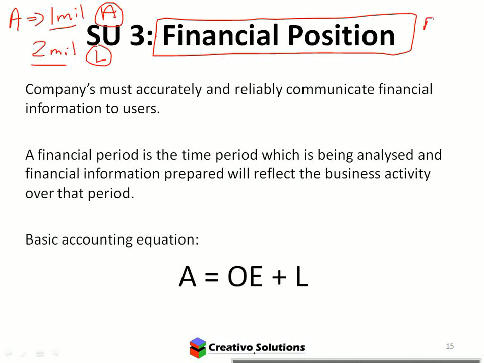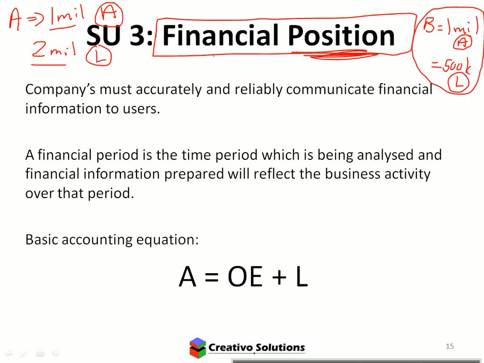Versus person B, 1 million rand worth of assets and 500,000 rand worth of liabilities. So this person is in a better position than that person. Both individuals have 1 million rand worth of assets, but they're not in the same position. Why? Because the one owes more and the one owes less.